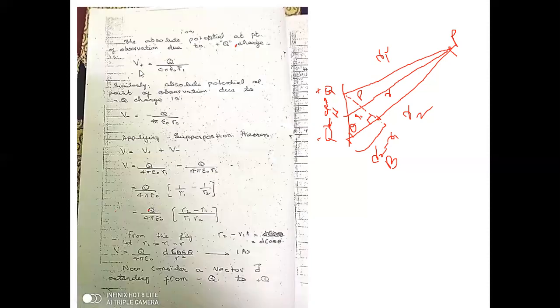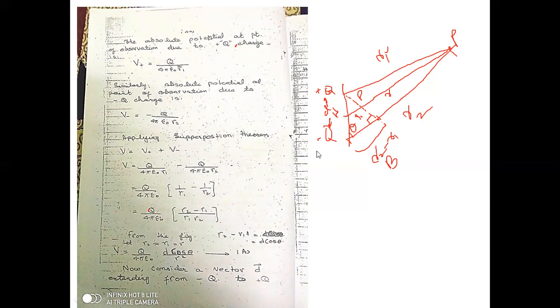So the electric potential due to the plus q will be symbolically represented by V plus, and that of the minus q will be represented by V minus. The electric potential of the plus q charge is given by q divided by 4 pi epsilon naught r1, and that of the minus q is minus q divided by 4 pi epsilon naught r2.